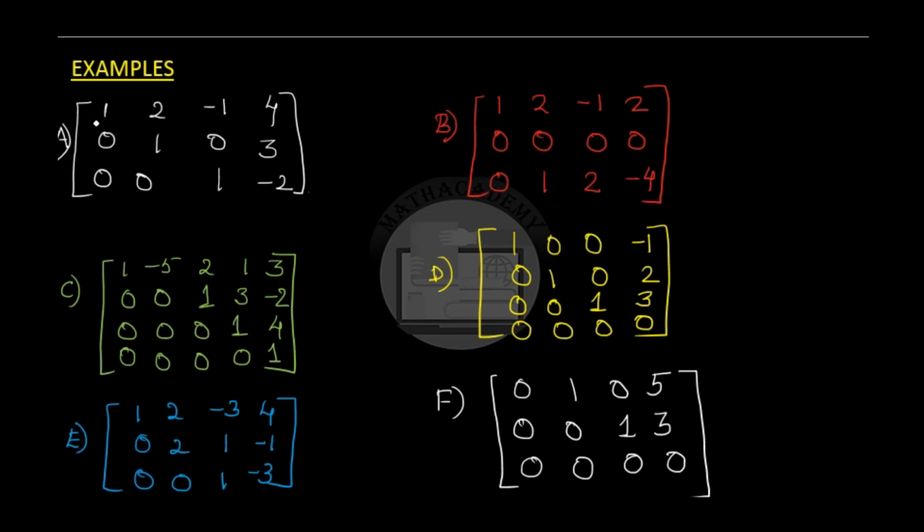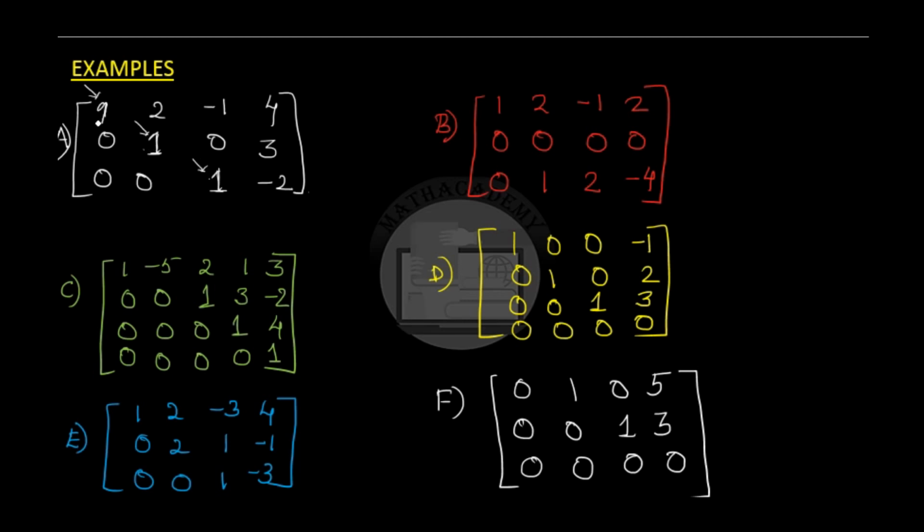Now the first non-zero entry in matrix A is 1. That is one of the properties of a row echelon matrix, that every row should have the first non-zero entry as 1, called a leading one. So that property is satisfied, and the leading ones in the lower rows should be farther to the right than in the previous row.